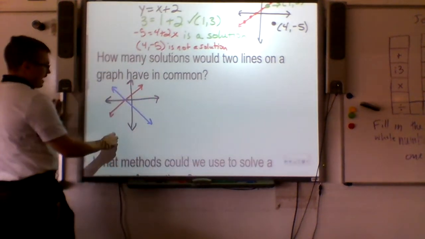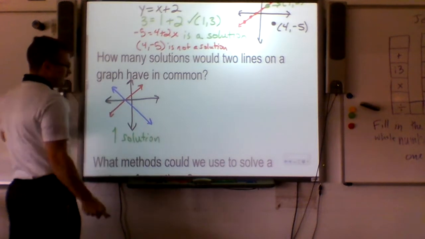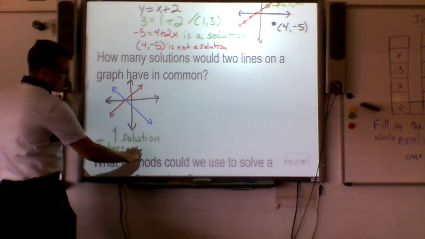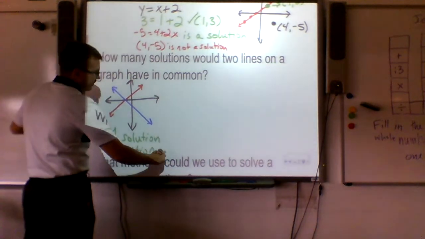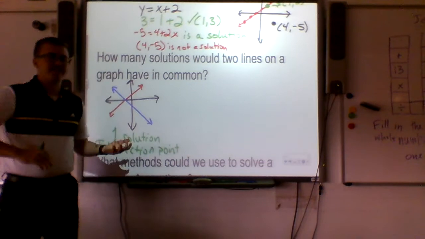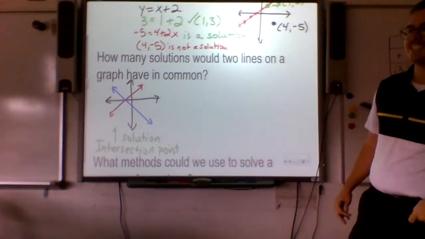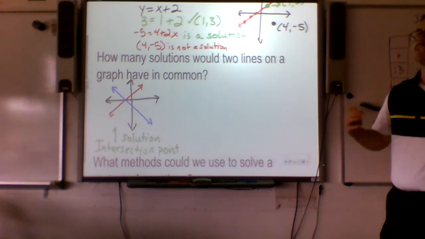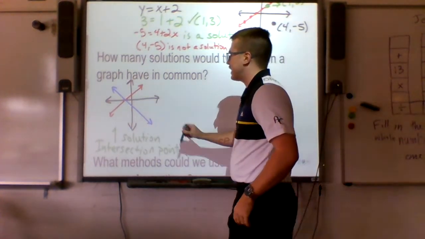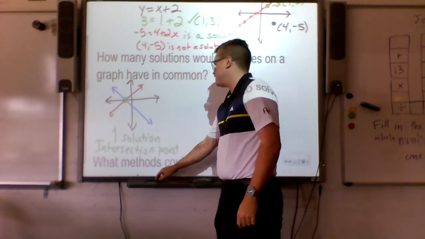That means that this has one solution, and we call that solution the intersection point, where our two lines cross each other. Sounds very similar to intercept. That intercept point is where the line crosses the axis, and intersection point is where two of our lines cross each other. So in this case, this point right here would be our one solution.